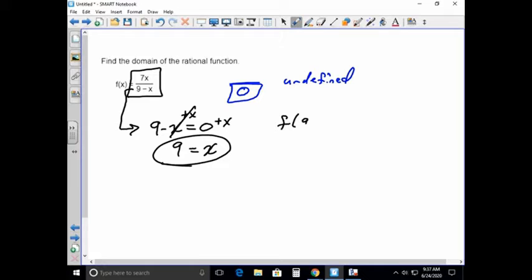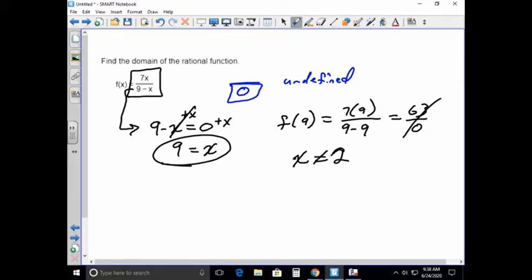Notice, if we put a 9 in place of x, we get 63 on top, but we get 0 on bottom, and we can't have a 0 on bottom. So x is not allowed to be 9. And in fact, that's the only number x can't be.